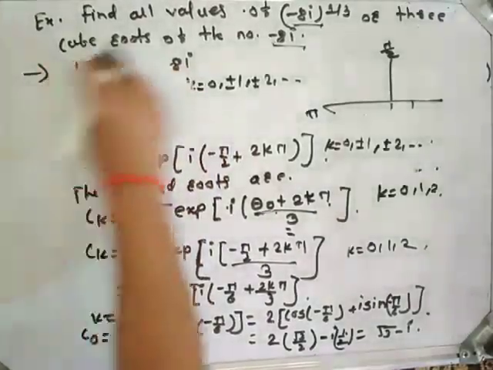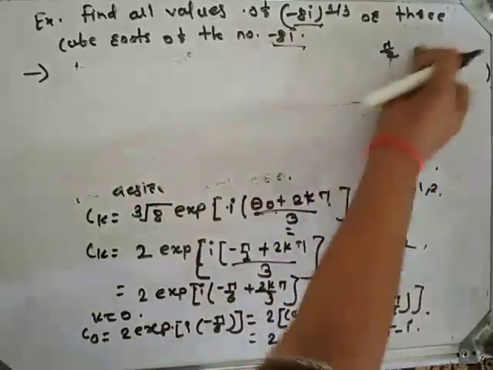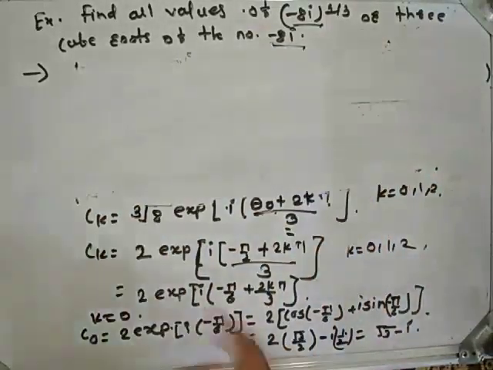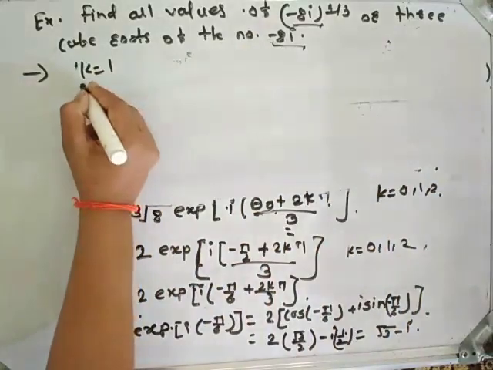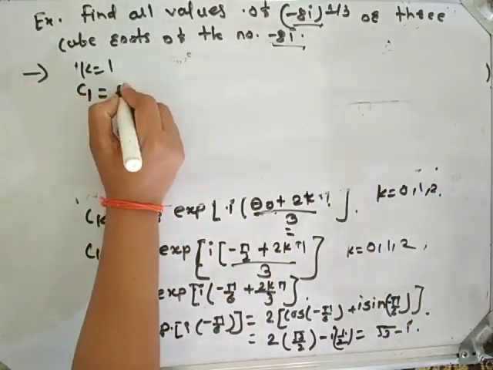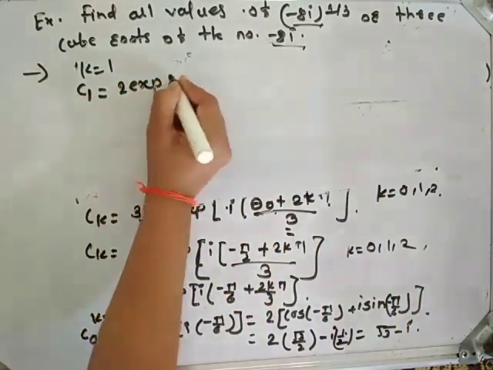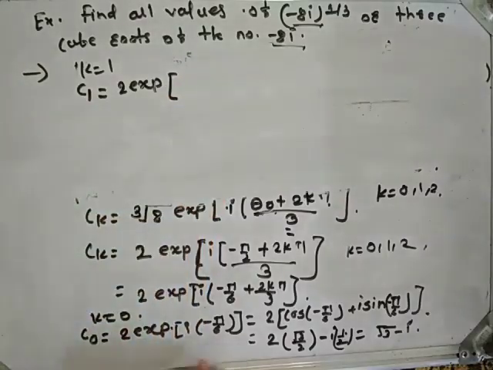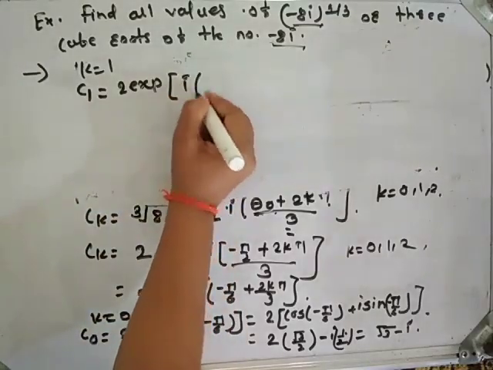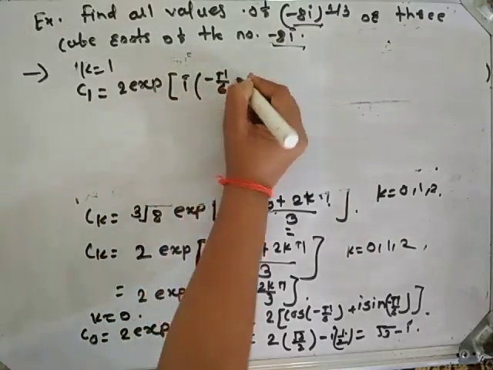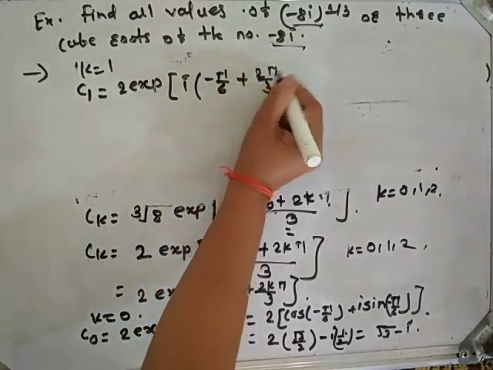Now we will find the second root, which means k equals 1. So c_1 is 2 exponential of i times (minus pi by 6 plus 2 pi by 3).